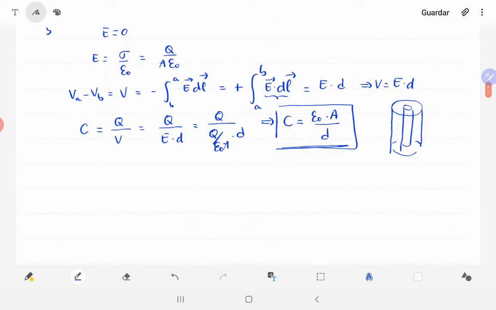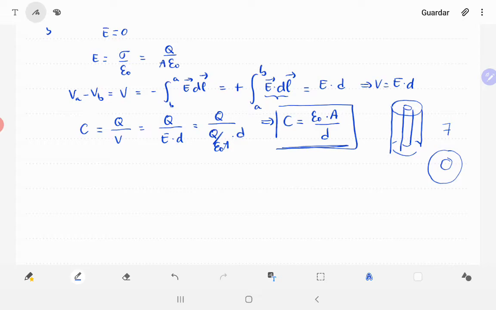Here, at this point, I suggest you go back to problem 7 and you look at it as a capacitor, because in problem 7 you have two concentrical conducting spherical shells, one with charge plus Q and the other one with charge minus Q. So in itself, it's also another example of capacitor.